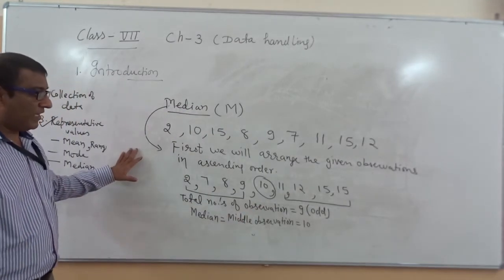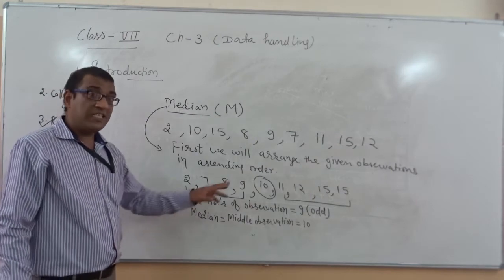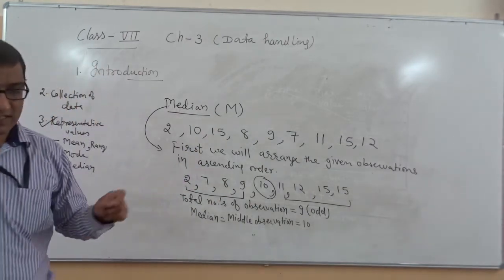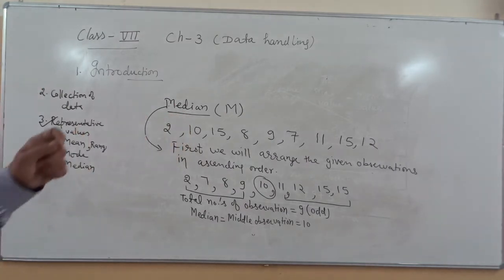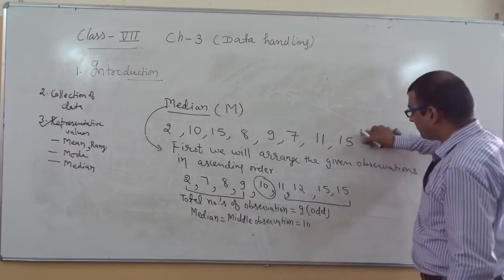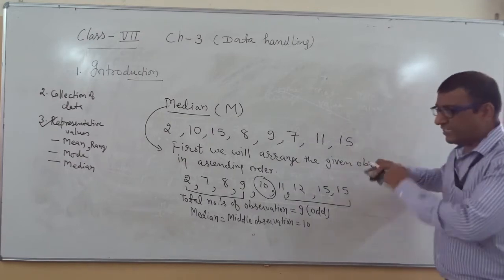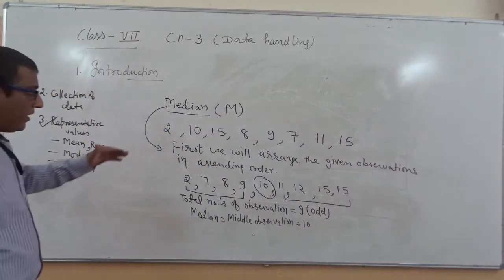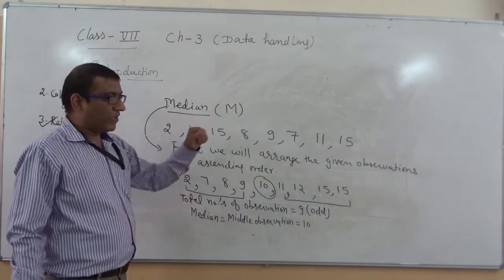But what happens when the total number of observations is even? So this time I will change the question. I will remove one value. Let's see what happens. If you see, the total number of observations is only 8.